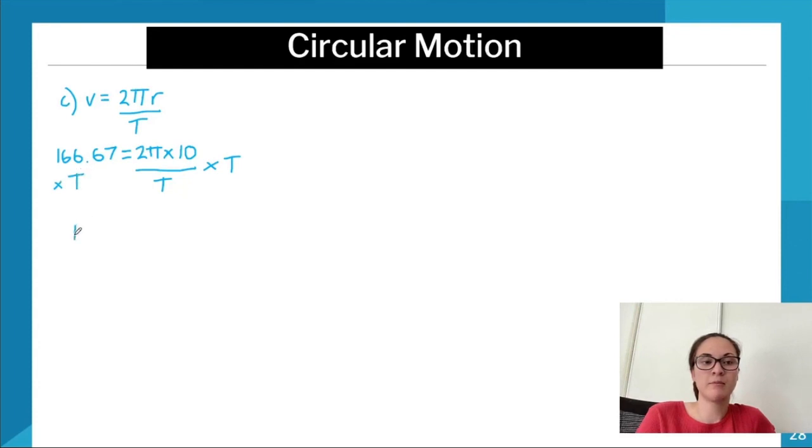But now we need to divide both sides by 166.67 to get the period by itself. So now it's going to end up being 2 pi times 10 divided by 166.67.